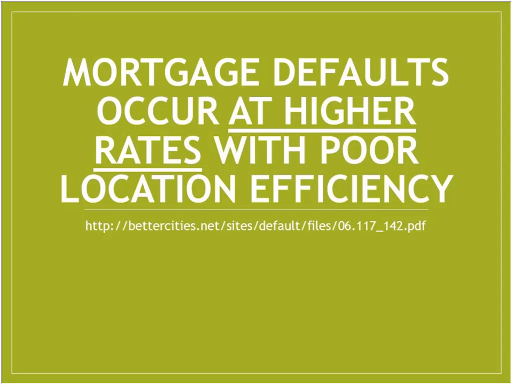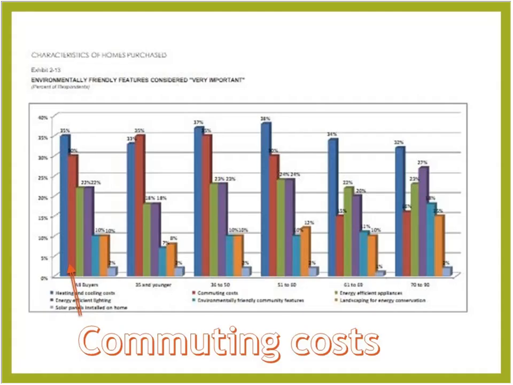So you can take a look at more information on that study, but the basic concept, just like we discussed in our energy session, if people have to spend more on energy, whether it be heating and cooling the building, or whether it be having to travel to where they need to go from the home or the building, that's less money that they have, and more of an opportunity for mortgage defaults or other issues that can occur. And so having a better location efficiency with your project, if you can control it, does have a direct economic value to it.